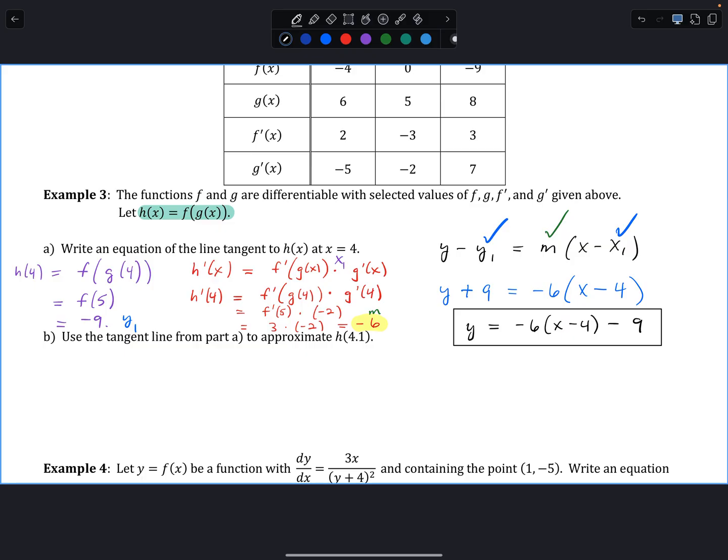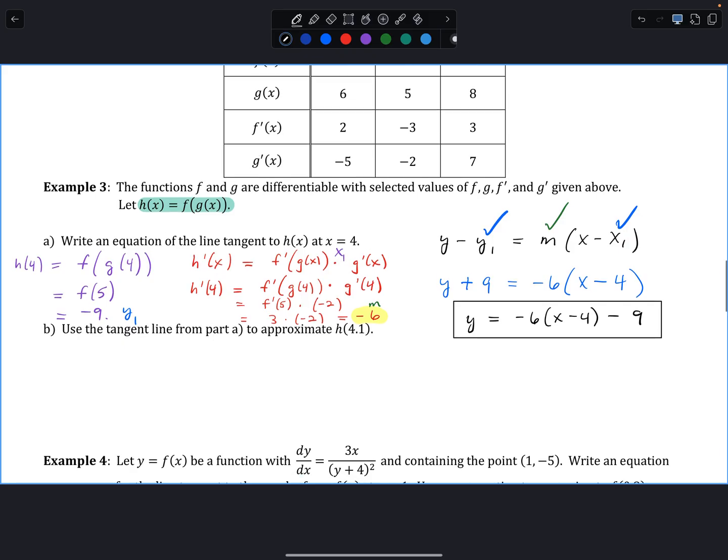Okay, so use the tangent line from part A to approximate h of 4.1. So now what you're going to do is take your tangent line and you're going to plug in the value in for x. Cool.